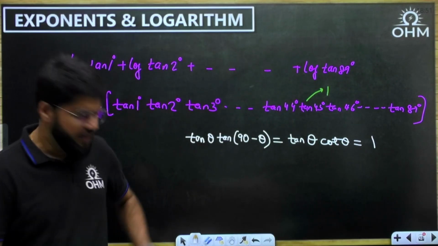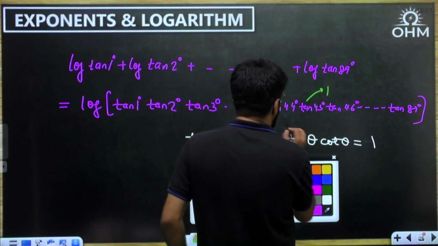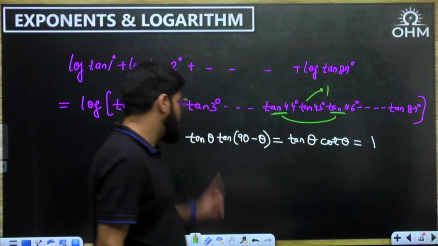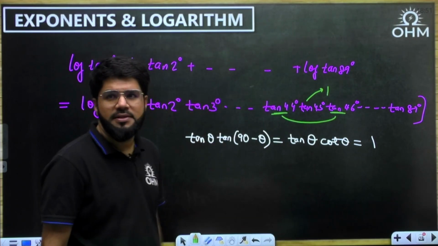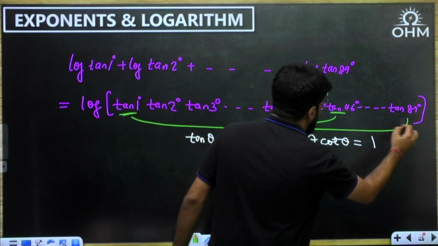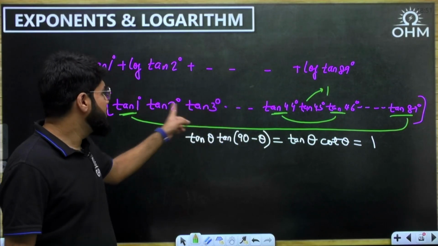So the result will be equal to 1. So tan 44 and tan 46, like tan theta and tan 90 minus theta, will be multiplied to give 1. Similarly, tan 1 and tan 89 degree multiplied give 1. Tan 2 and tan 88, tan 3.